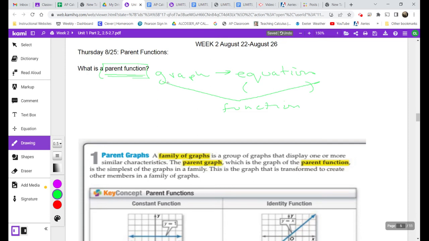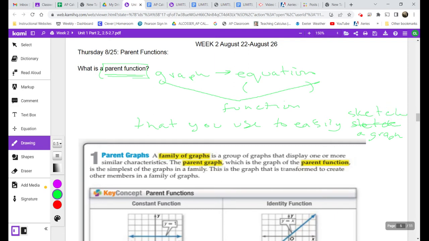So it's a basic graph or equation that you can use to easily sketch a graph. That should be the word sketch.